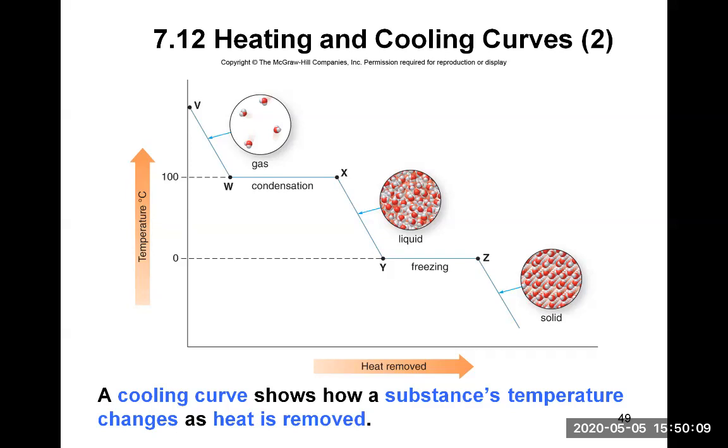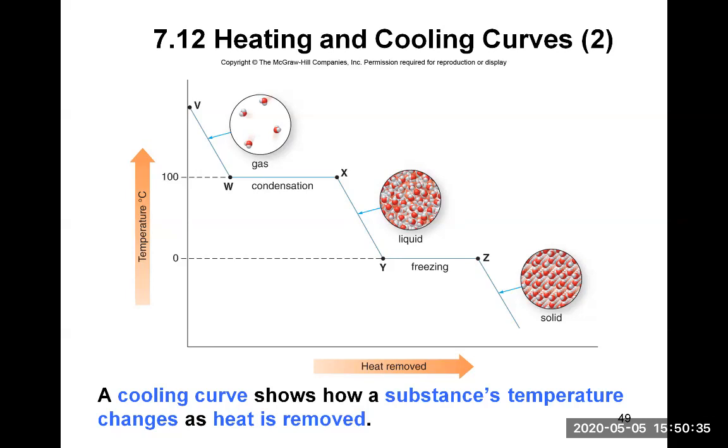So the temperature of the gas decreases until you reach the boiling point, which actually here would be the condensation point, because we are cooling down. So the gas now will start transforming into a liquid. And this process is called condensation. When the vapor becomes a liquid, we call that condensation.